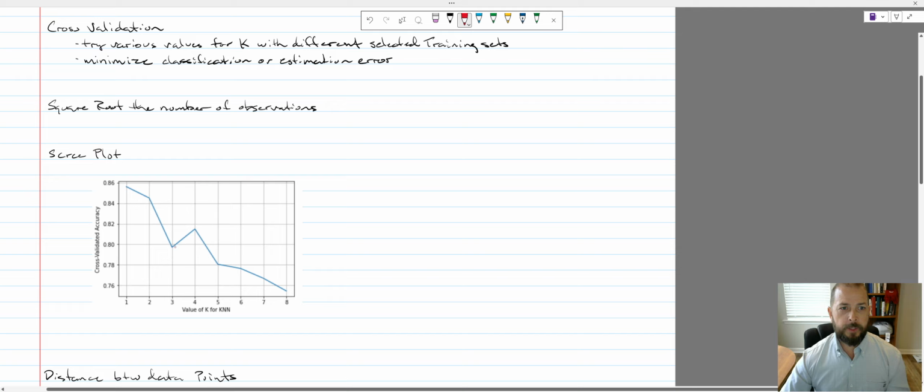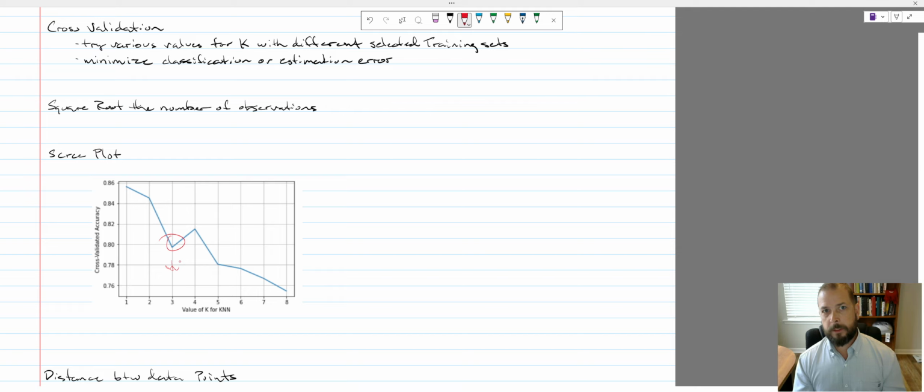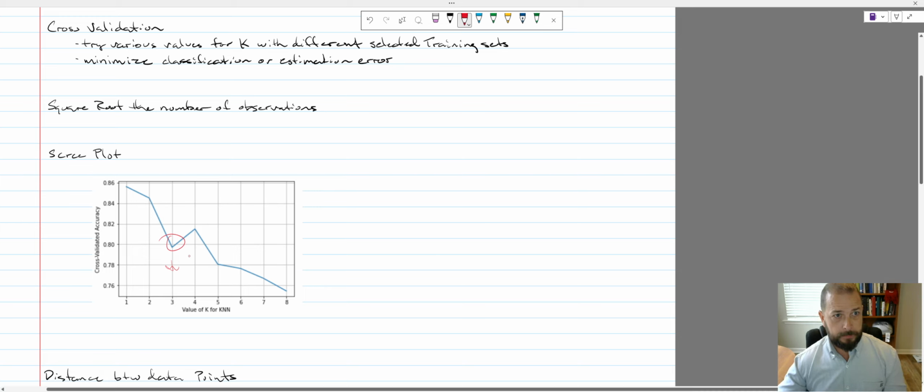So you look for these elbows in this plot, and what you do is you just go back one. In this instance, I would use K equals 3 as my starting value and see how well K equals 3 works for this particular instance. So that's really some of the best ways for determining K.